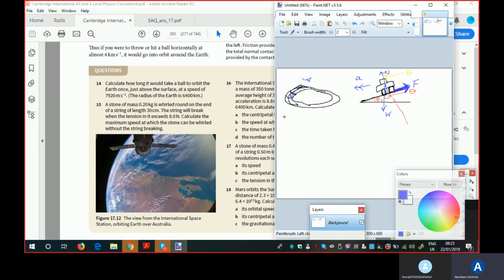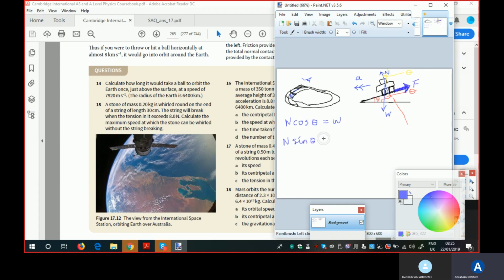So then the vertical components of forces are balanced. So we can say N cosine theta. That means if you take the component of this reaction force, which is perpendicular to the surface, N cosine theta should be equal to the weight of the object. Then if you consider this direction, then N sine theta.